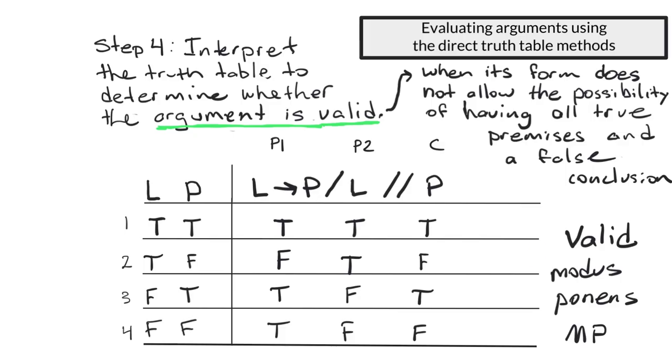You don't really need to know the modus ponens part, but you do need to be able to interpret this truth table, and be able to go row by row looking for any row that has all true premises and a false conclusion. If you find that, even just one row, the argument is invalid. And since you don't find that, the argument is therefore valid. That's how you interpret the truth table to determine whether an argument is valid or not.